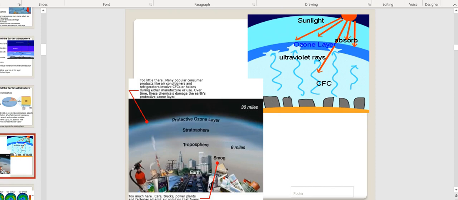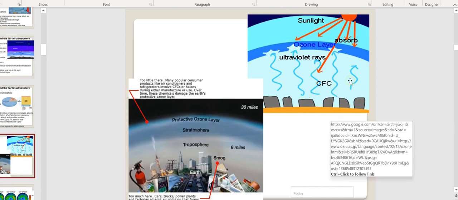Now, what this slide is showing is that what started to happen is that as humans, we created a few chemicals. One particular chemical was called CFCs, and we call those chlorofluorocarbons.